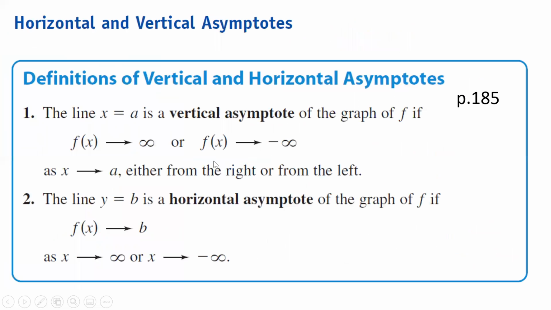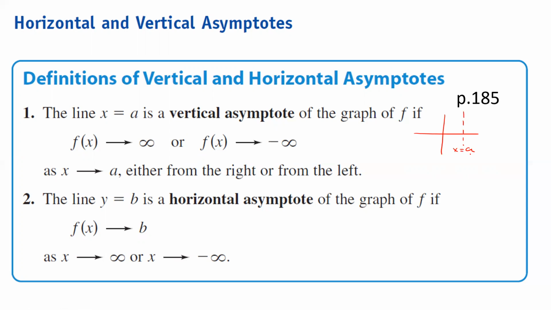All right. And so let's jam with the horizontal asymptotes and the vertical asymptotes. If you want to look at it, it's on page 185 in your textbook, when you come home or if you brought your textbook with you. But vertical asymptotes are stuff like this right here. It's the ones that go straight up and down. And there's x is equal to a.